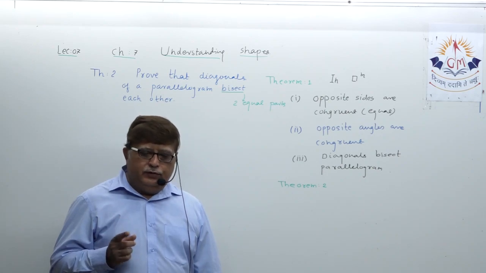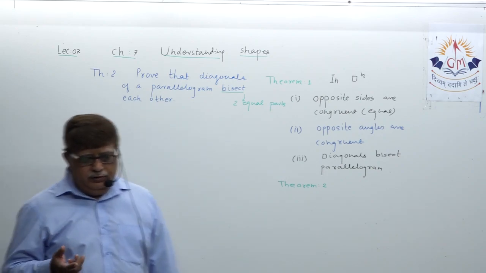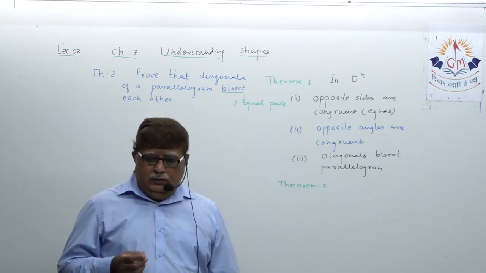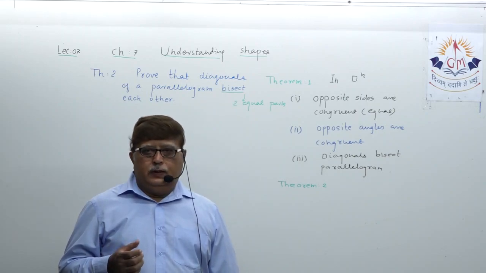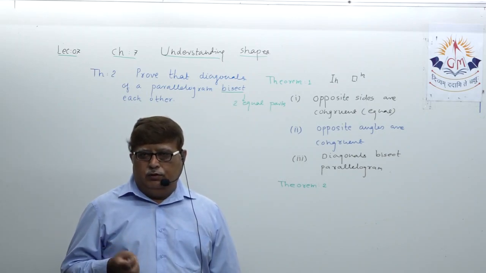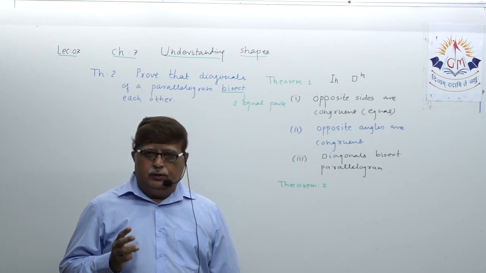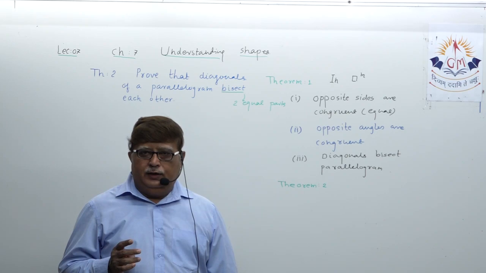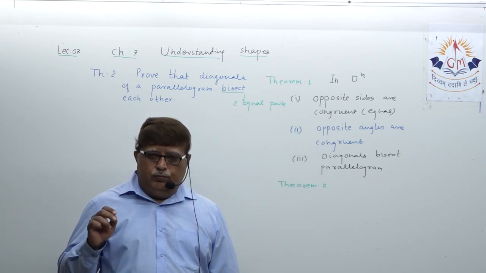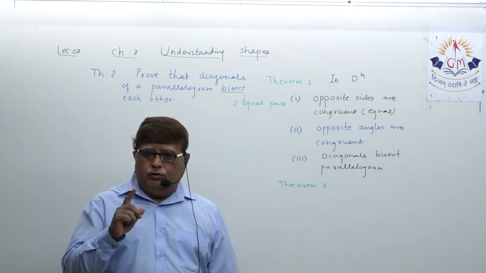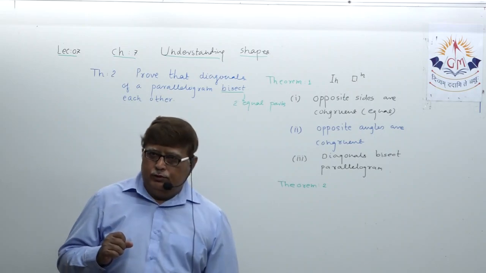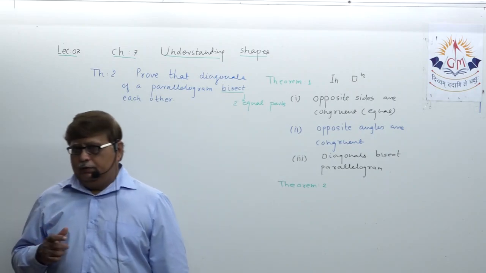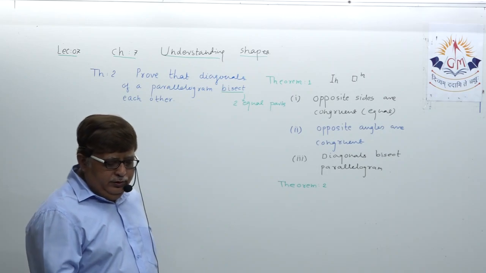Understood? As I told you, you must be remembering, theorem has how many organs? 3. Given, to prove and proof. But your proof depends on to prove. What you have to prove, that is very important.